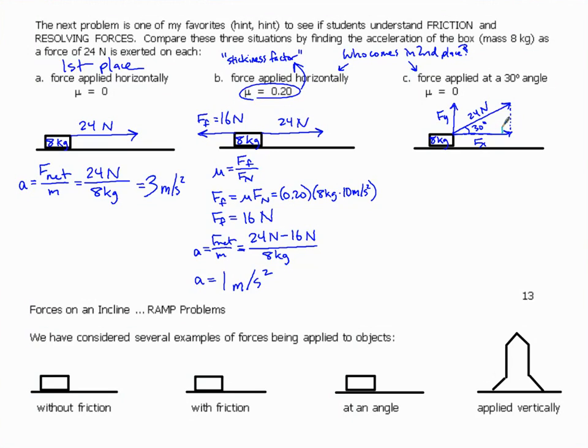When you resolve vectors, it will make a right triangle, and we are looking for the horizontal component. So we have an adjacent side, and we have a hypotenuse. That tells me 24 times the cosine of 30 degrees.